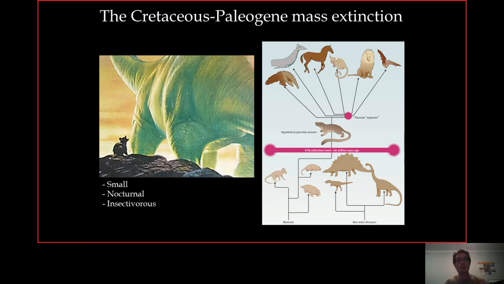And so I told you earlier that mammals were living in the shadow of dinosaurs since they evolved in the Jurassic. They were very small, nocturnal and insectivorous animals. This is very well illustrated here. They looked like rats or shrews, and they were very, very small and very discreet.